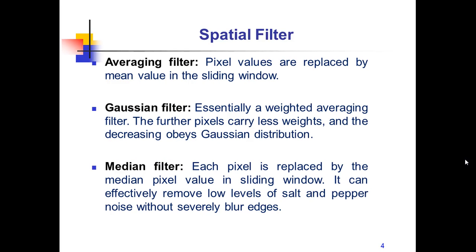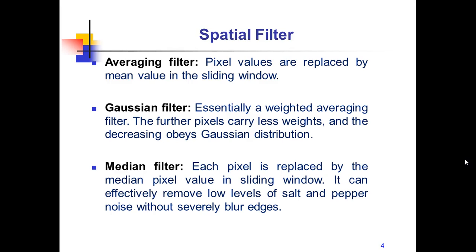The 3 types of spatial filters we discuss here are averaging filter, Gaussian filter, and median filter. The most intuitive one is averaging filter. The pixel values are replaced by the mean value in the sliding window. And the second type, Gaussian filter, is essentially a weighted averaging filter.